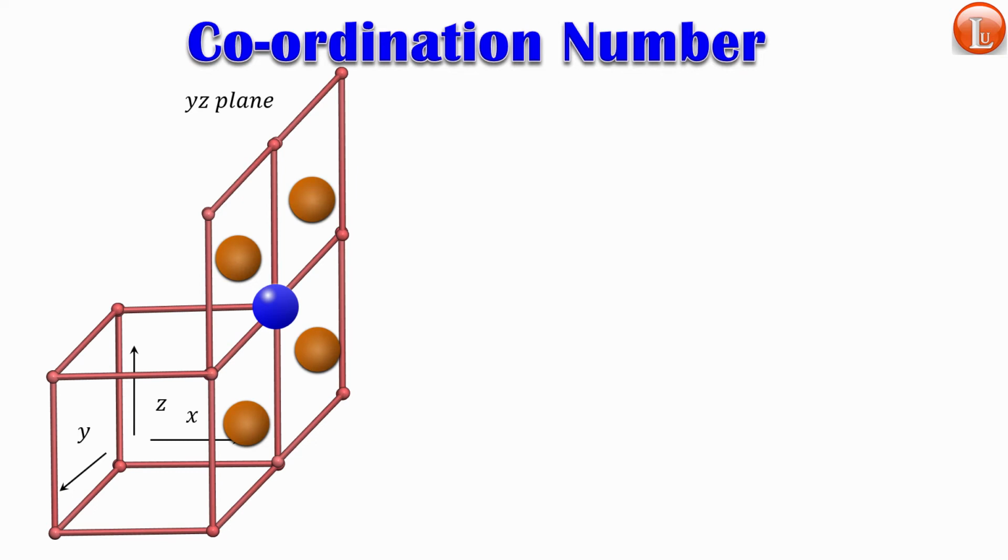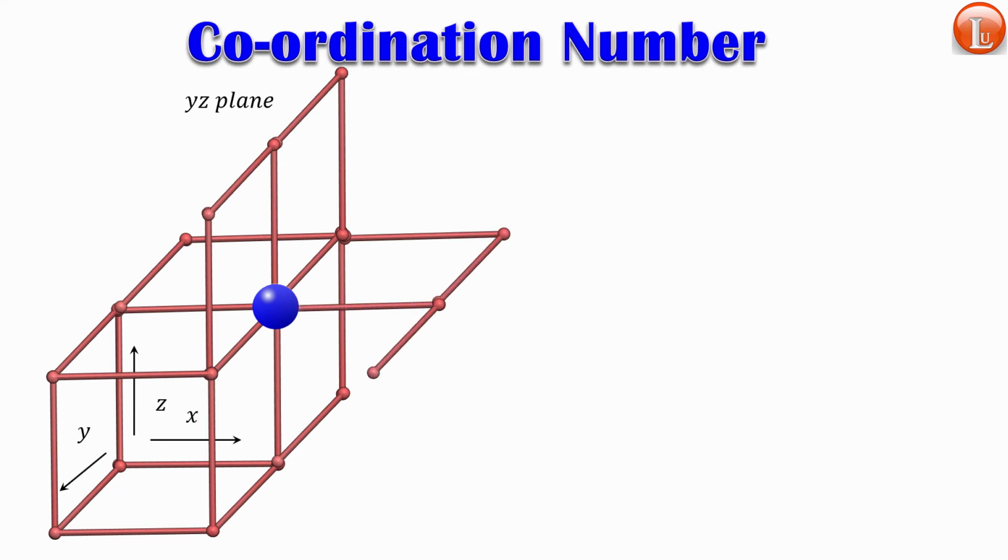Can you see it will touch these 4 face centers? Now, I'm removing them to avoid confusion. I'll bring them back later on. Now, tell me which face is this one? The horizontal one. Isn't the horizontal one XY plane? And won't you have 4 face-centered atoms here too? So that makes it 8 so far.